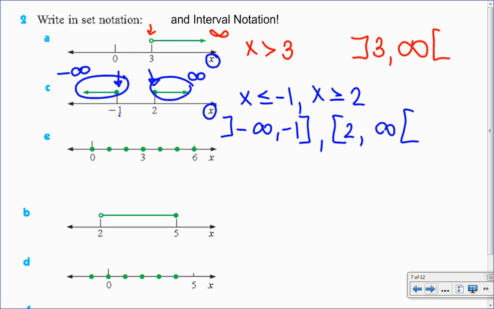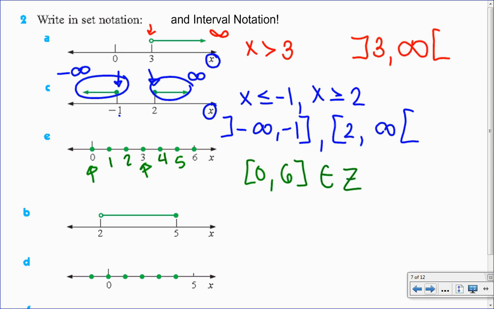Here, if this is 0 and this is 3, we've got 1 and 2 in the middle, or 5. So we can see these are integers, right? So we want the integers from 0 to 6, and we want them to be elements of the integers.